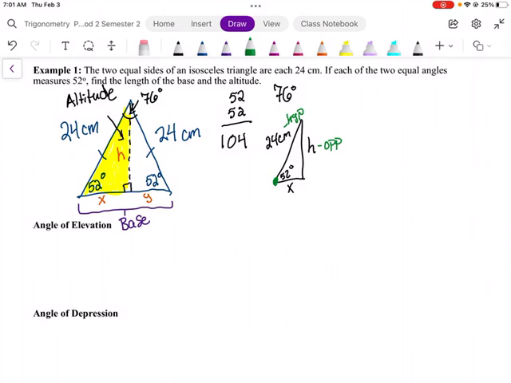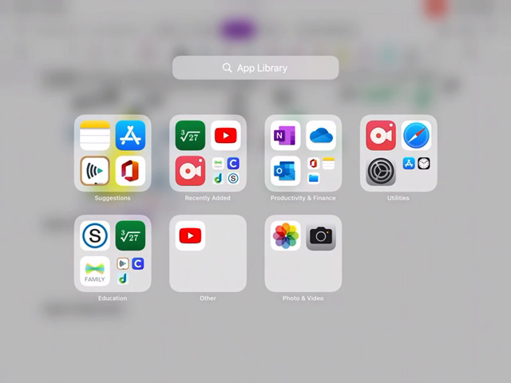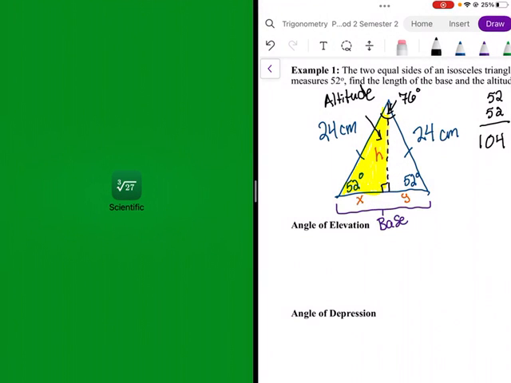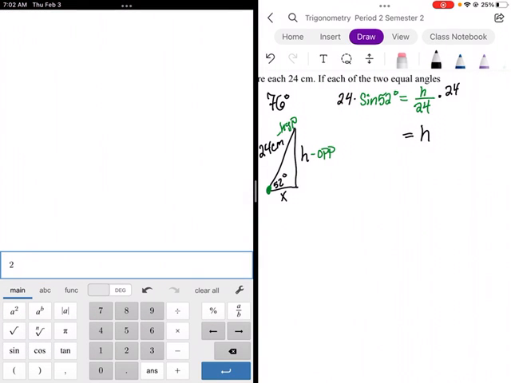So we're going to go ahead and use the sine of 52 degrees equals h over 24. That gives us enough information to solve for h. I'm going to type in 24 sine of 52, and that will give us our height, which is about 18.9.